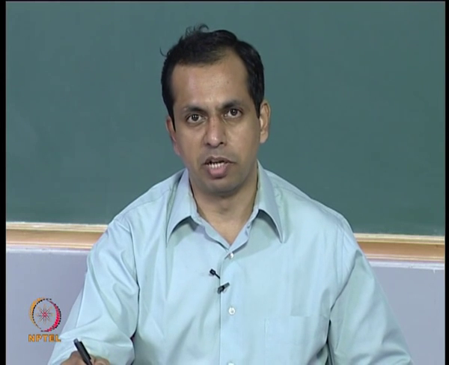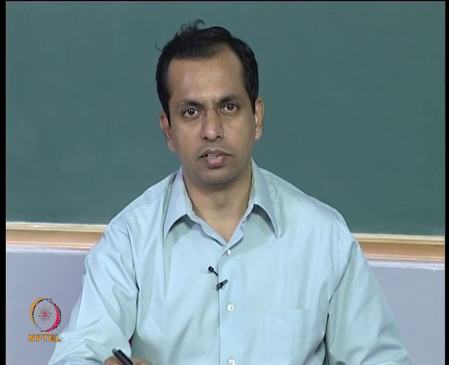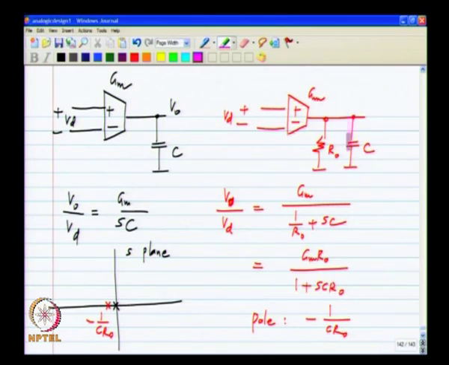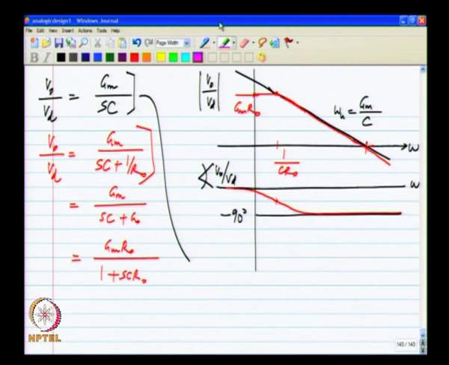So, all or most of the current from Gm goes into the capacitor, which is the same as in the ideal case. So, at high frequencies these two are more or less the same, at low frequencies they are not, because the current from Gm goes through R naught here, whereas here even at low frequencies it has to go to C. And from the analysis also it is clear, at low frequencies there is a difference in characteristics, at high frequencies there is no difference.